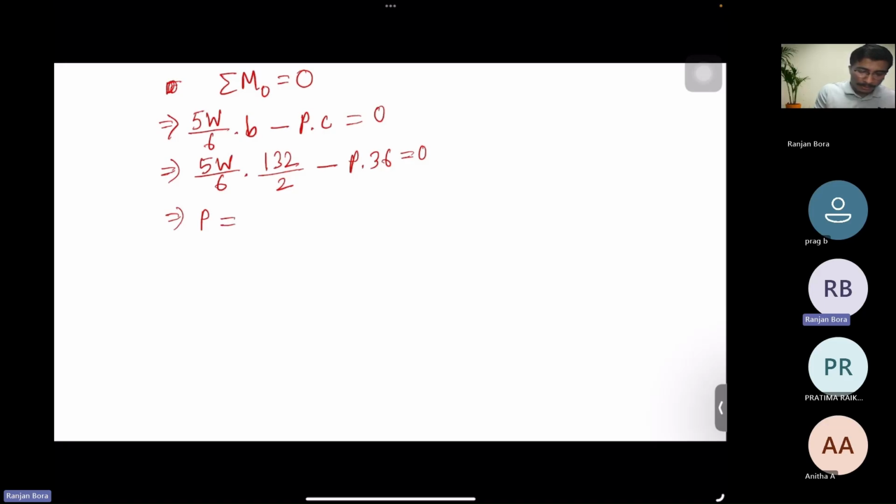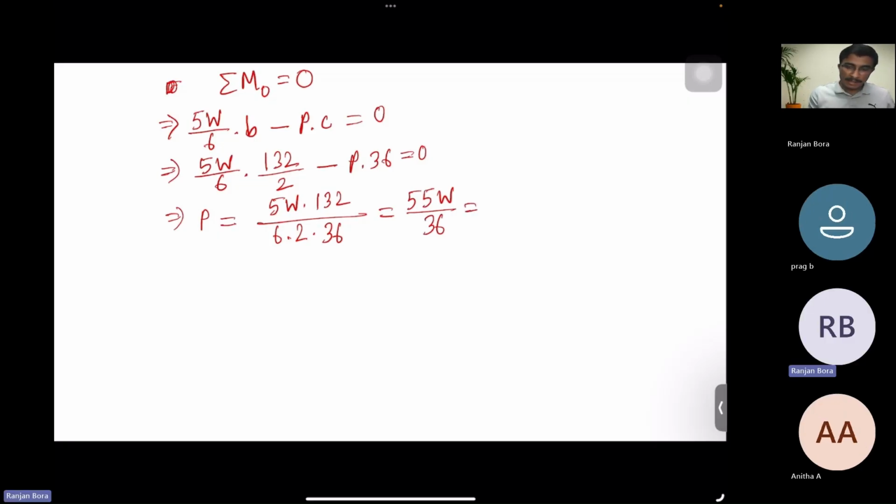The value of P will be 5W times 132 divided by 6 dot 2 dot 36. How much is it? Yes, 55W by 36.